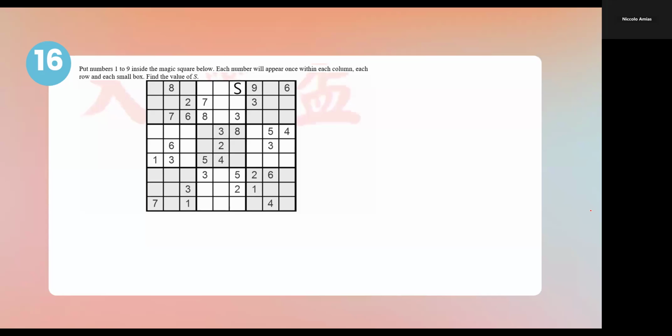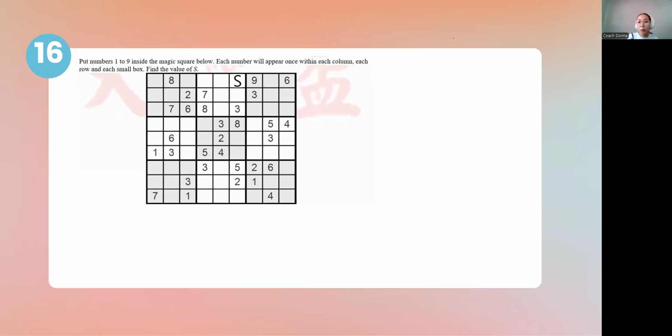Okay po. Sige. Let's start from the top left. No po. Wait lang po. So, let's start in the middle square. Okay. The 3 by 3 square po, in the middle. All right.